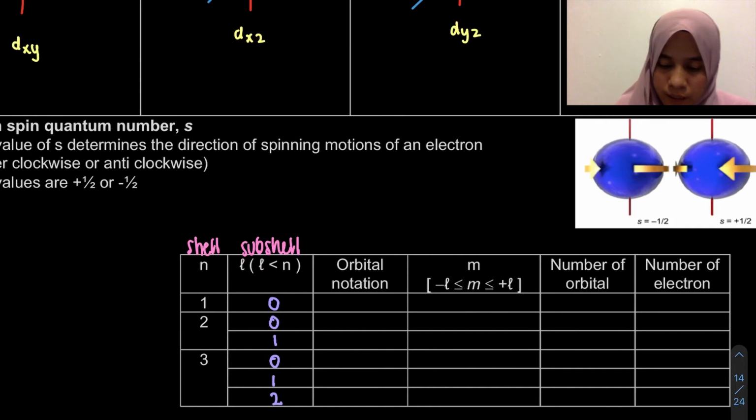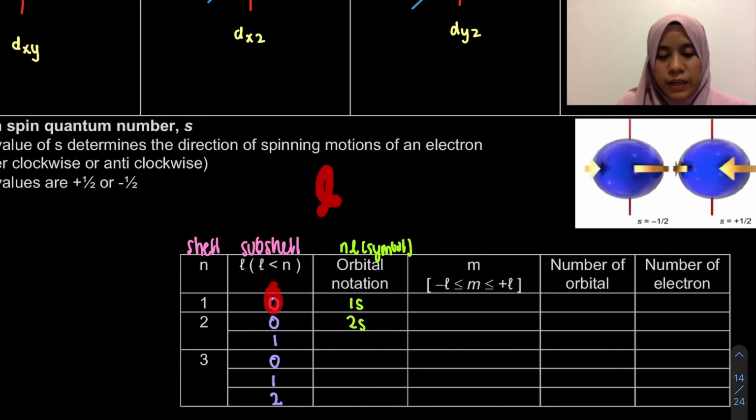Orbital notation is actually based on N and L. But L must be written as a symbol. So in this case, if you remember, when L equals 0, it is S. But with the N, it becomes 1S. Here it becomes 1S, and this one becomes 2S, because when L equals 0, it is an S orbital, spherical shape.